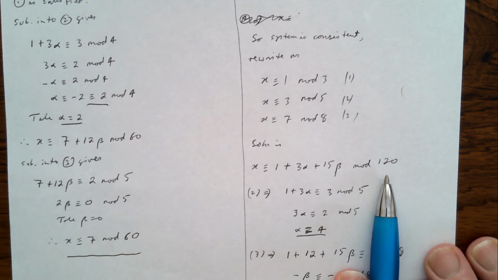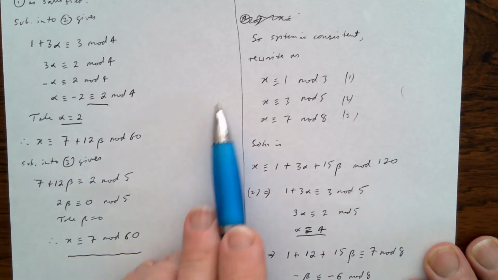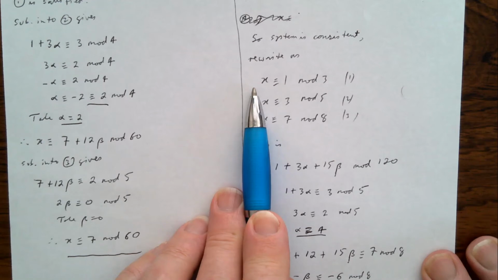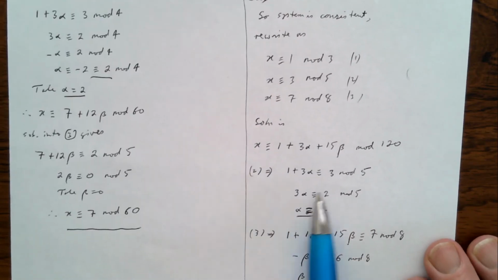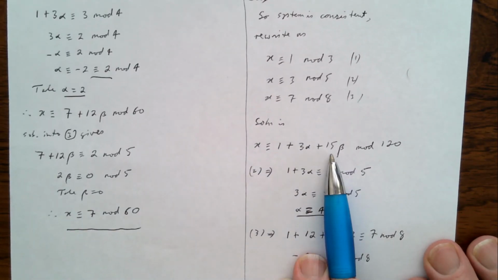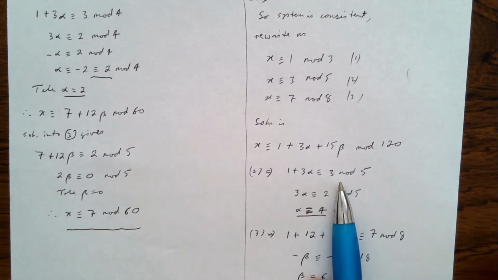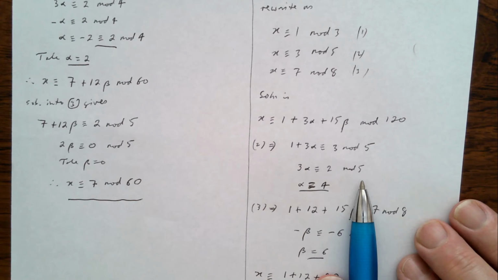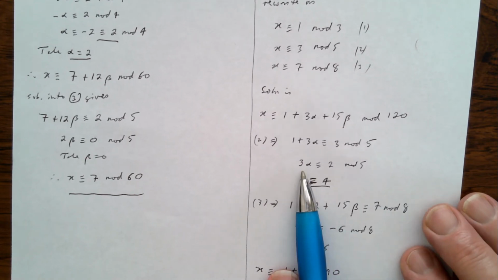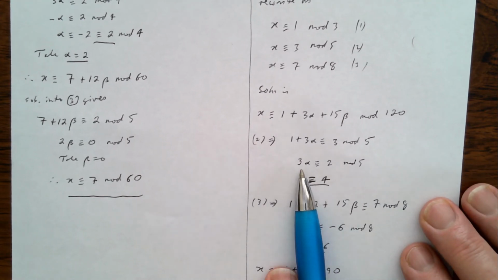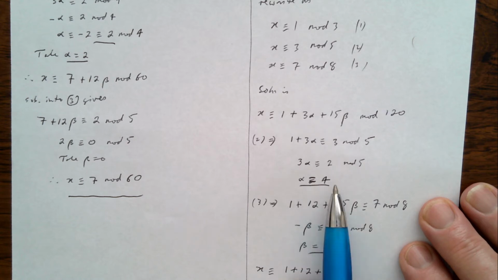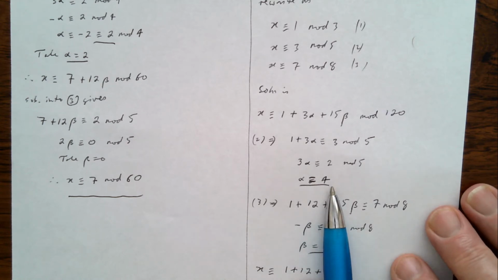And once again, I plug this into equation 1, is happy, into equation 2. This is 0 mod 5, so I just get 1 plus 3 alpha is 3 mod 5. Subtract 1 from both sides, and again I double both sides here, so 3 2s are 1 and 2 2s are 4, so take alpha to be 4.